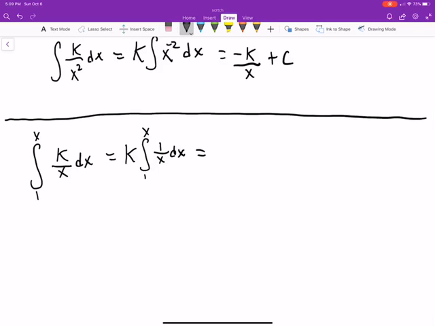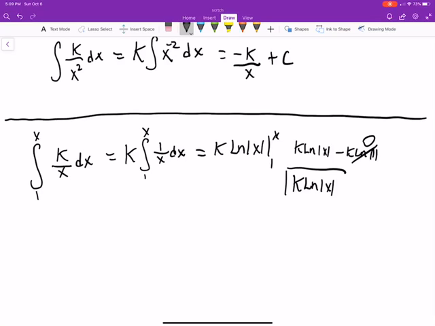So this one's a special property. This will just be k, the natural log of x evaluated from 1 to x. This would be k natural log of x minus k natural log of 1, but the natural log of 1 is just 0. So this simplifies pretty nicely to just this.